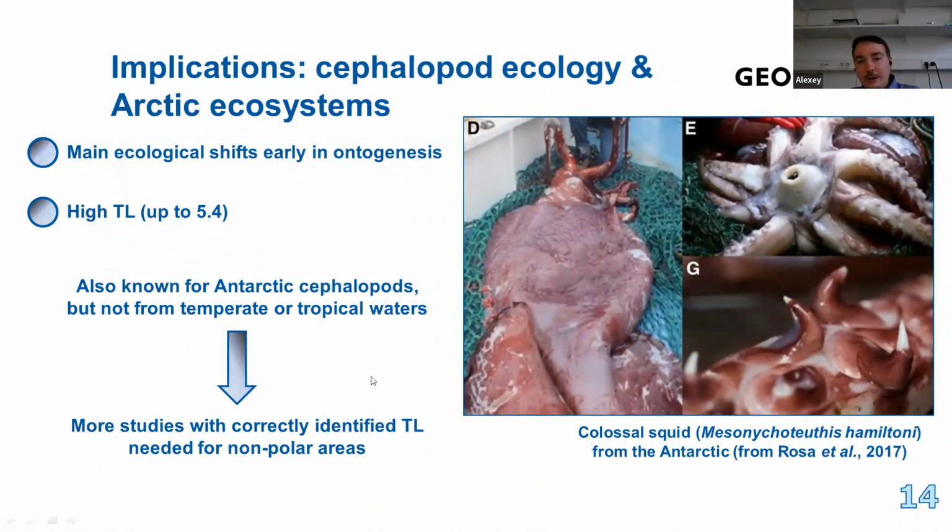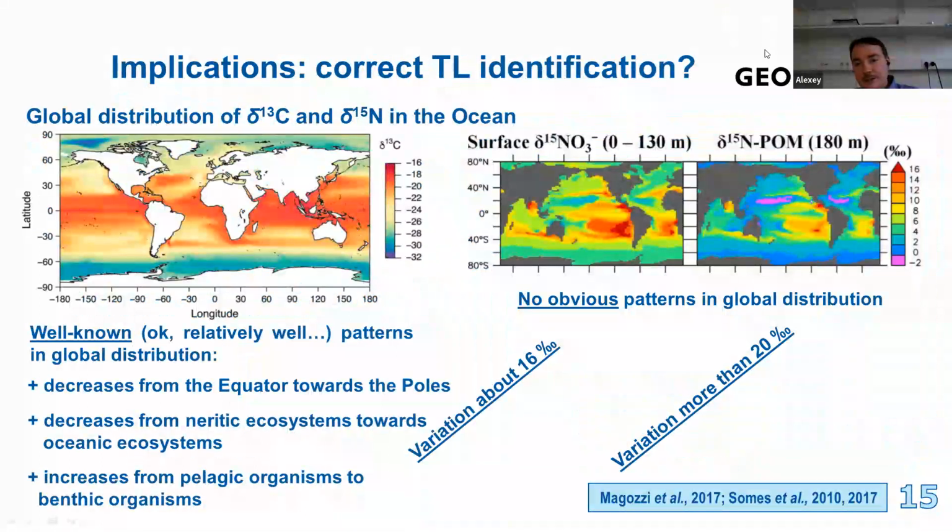And what do we mean here by correctly identified trophic level? Let me briefly show you this. So, global distribution of stable isotope baseline, carbon and nitrogen. Carbon has relatively well, not really well-known patterns, but at least there are some patterns in carbon distribution. For example, we can see decreases from equatorial to polar.